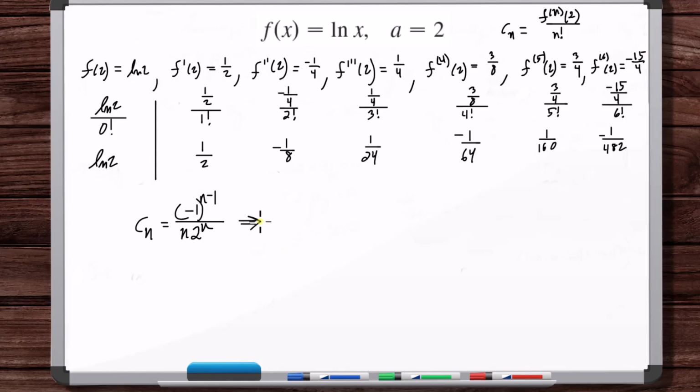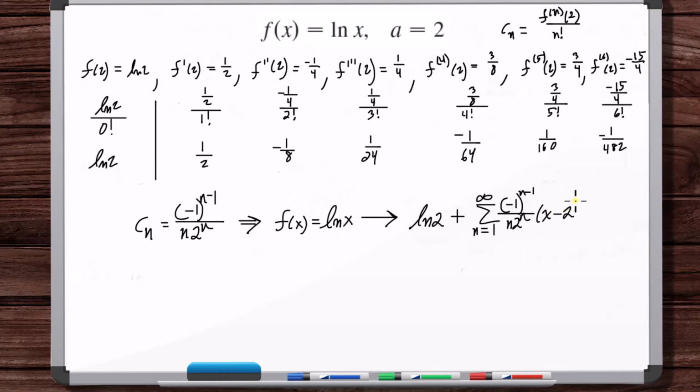So, okay, now the Taylor series of natural log of x centered at 2. We're going to say this is equal to, not equal to, but it's the natural log of 2 plus the sum from n is equal to 1 to infinity of, okay, there's c sub n, but now we do x minus 2 to the n, just to the n.